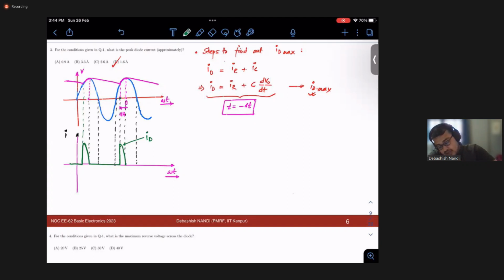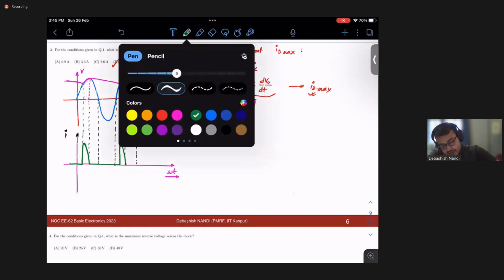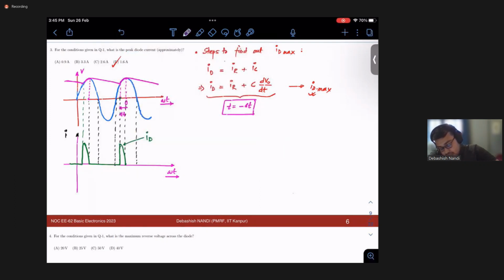And you can easily see the waveform of this also, this will be similar to your voltage waveform. This will be like this. Okay, this is nothing but your IR. Your IR waveform will be like this.